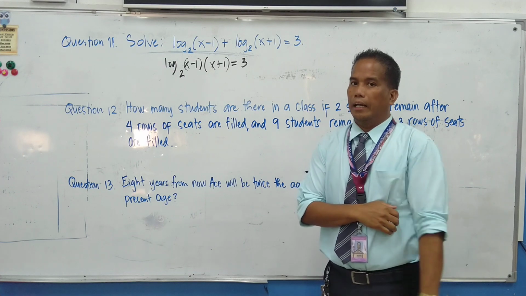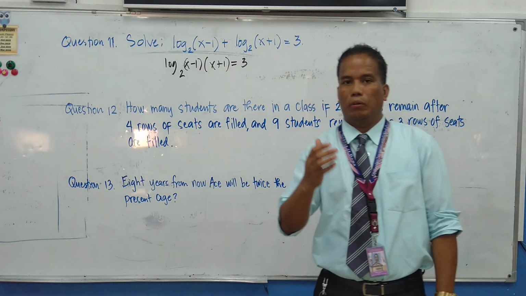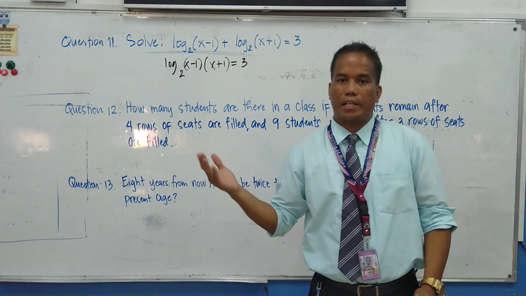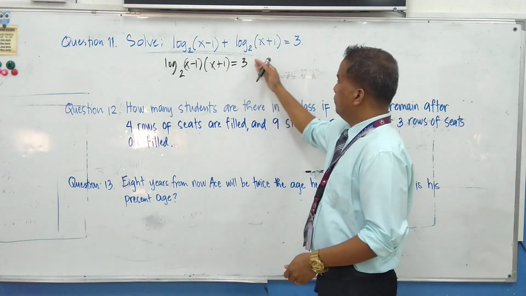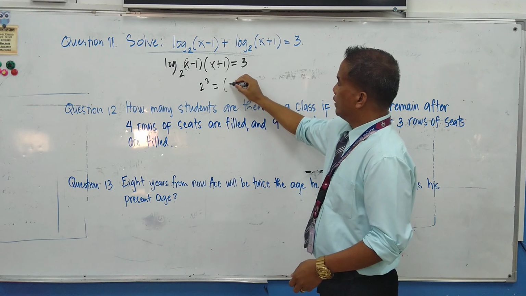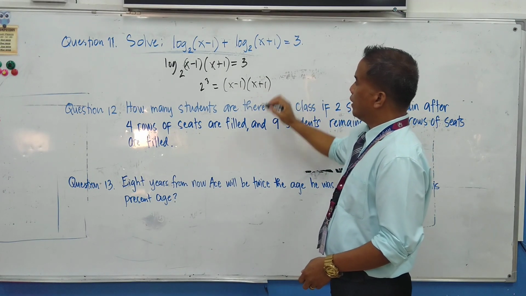Okay? And then, after that, from the logarithm, we will change it to exponential form. From logarithmic form, changing it to exponential form: 2 cubed is equal to quantity x minus 1 times quantity x plus 1.